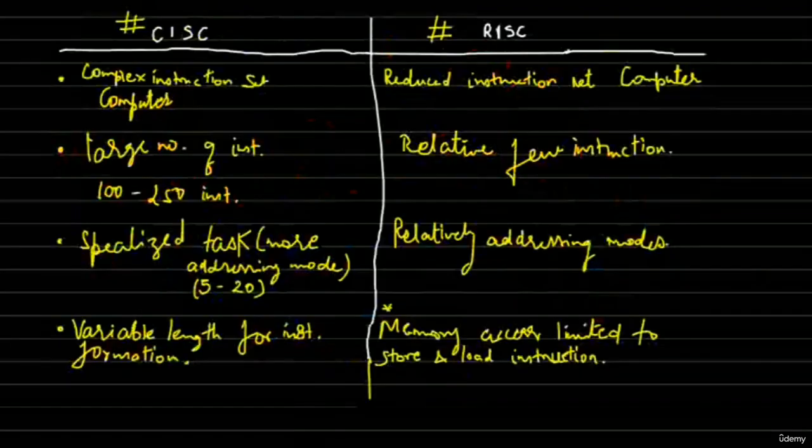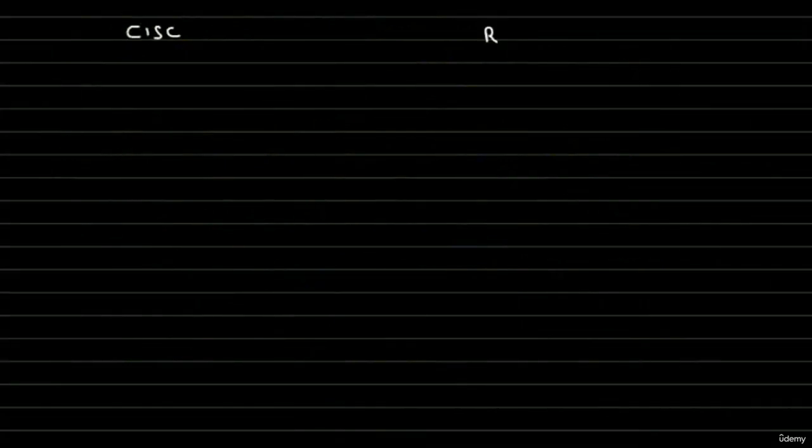Okay, got it. Now, CISC here and RISC here. So, what else can we expect from here?